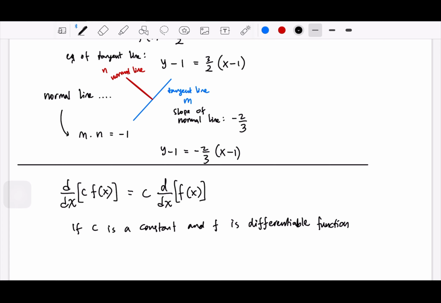Using the limit as h approaches 0, we can define another function g equal to c multiplied by f, and you will see from the limit expression that you can factor out the c, and this is the result.